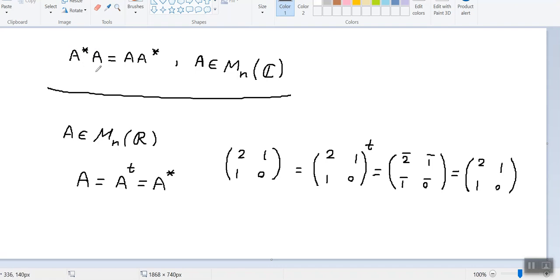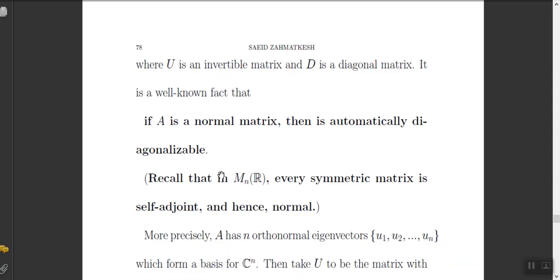So when we say A is normal, it means A commutes with its adjoint, A star A equals A A star, and A star is the adjoint of A, defined to be the complex conjugate transpose of A. In particular, what we mentioned here in general was for any square matrix with complex entries.